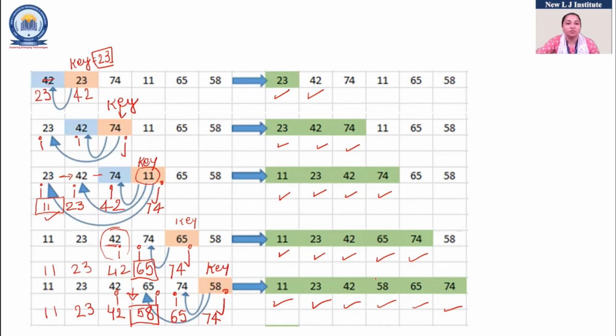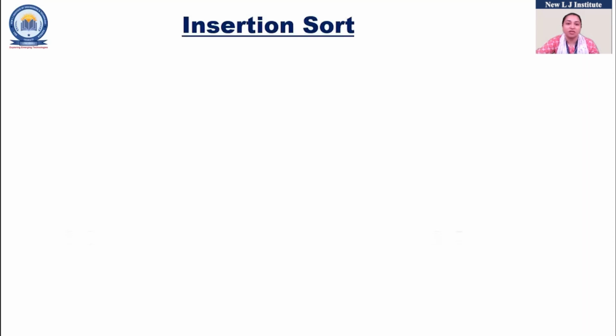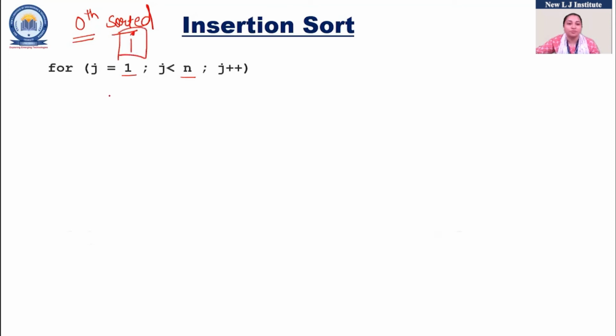Let us see the pseudocode of insertion sort algorithm. So first of all, we will run the j loop from 1 to n elements, as the 0th element is sorted by default. Okay, 0th element will be sorted by default, where the I will be pointing to.